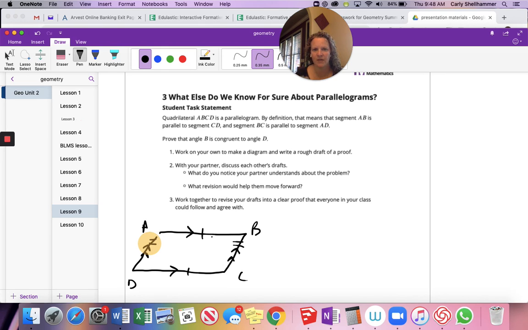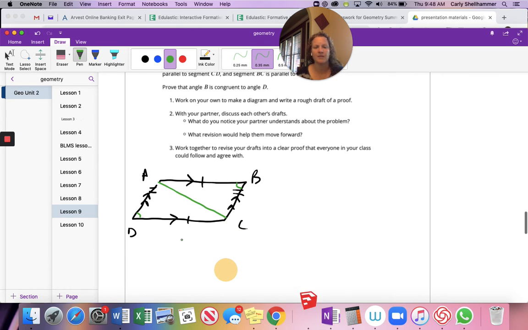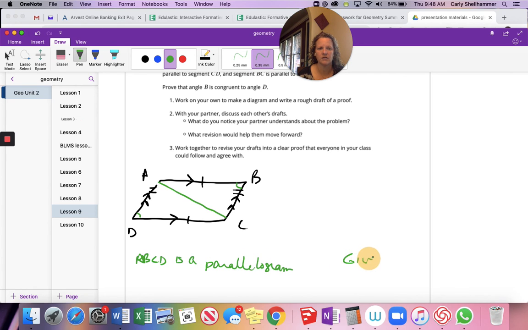So let's prove angle B is congruent to angle D. So that's what we're looking for. I want to prove that. So I'm going to construct an auxiliary line, and my proof would look something like this. ABCD is a parallelogram. Given.